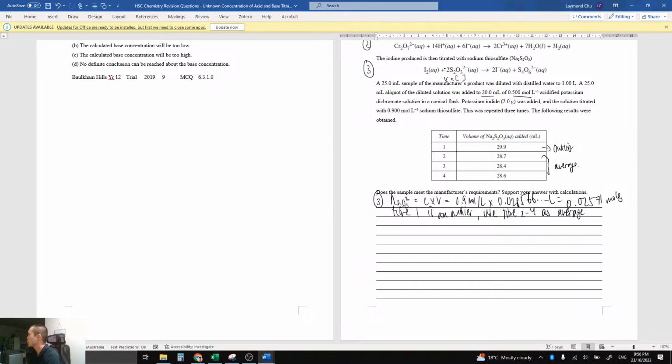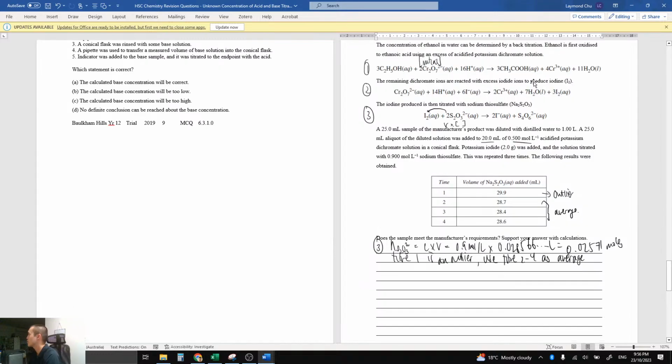Now we're going to assume that the excess iodine produced from equation 2 is in a molar ratio. So the molar ratio between this and iodine is 2 to 1. So moles of iodine is equal to half of that number, which is 0.012855 moles.